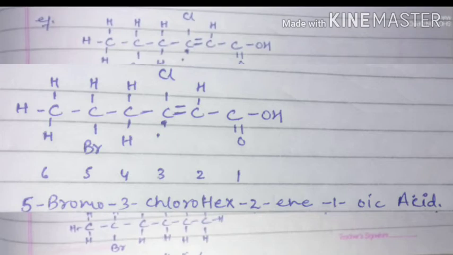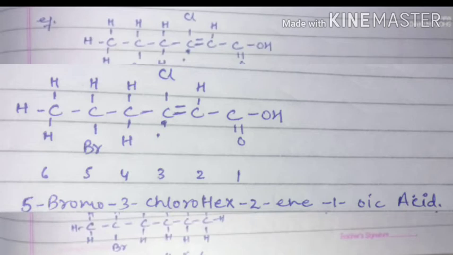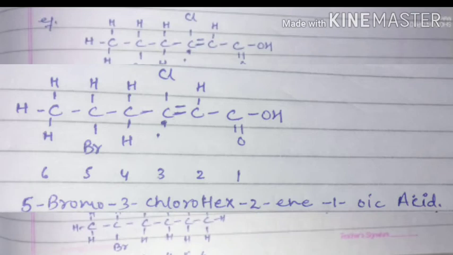We need to give the number of the carbon on the basis of the functional group. If a functional group is there, we need to give preference to the functional group. If a functional group is not there, then we need to give preference to the double or triple bond.